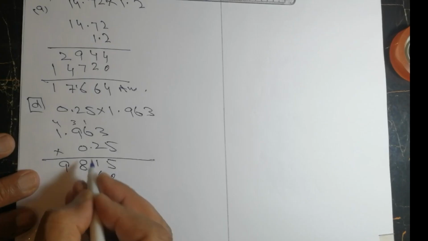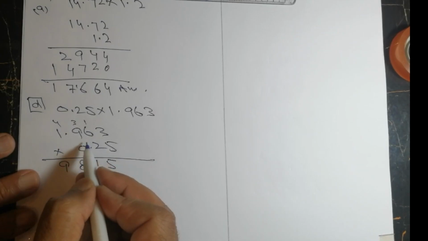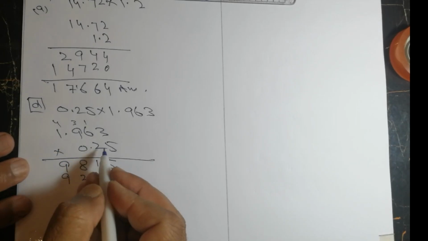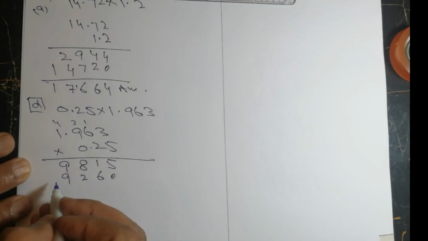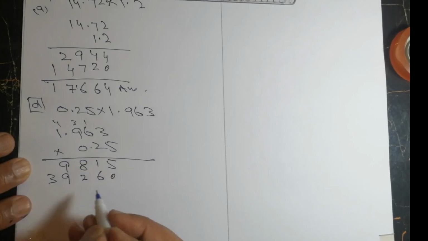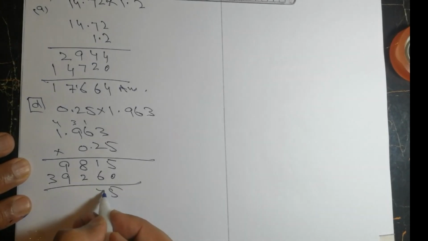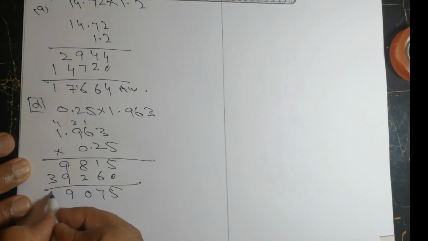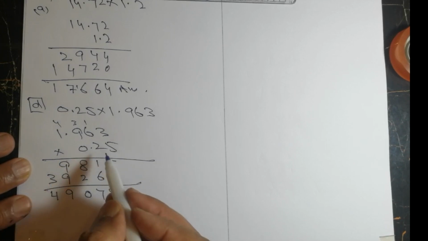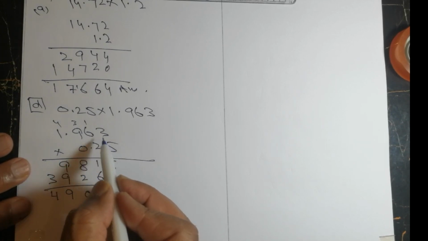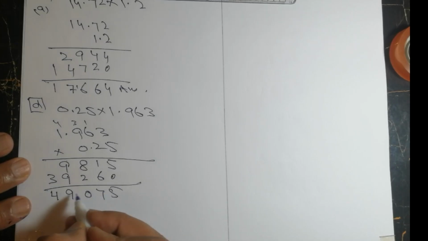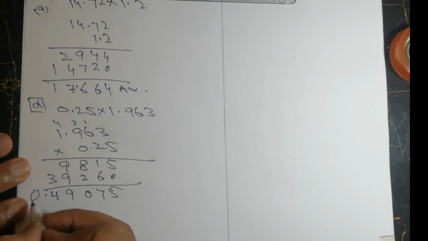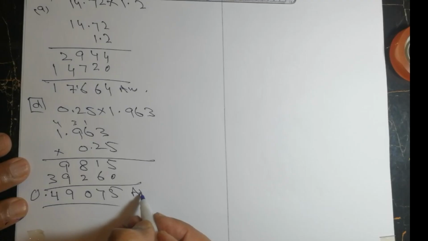Then 2 threes are 6, 2 sixes are 12, 2 nines are 18, and 1 is 19, and 2 ones are 2 or 1 is 3. 5, 7, 10, 9, 18, 19, and this is 3 plus 1 is 4. So where is the decimal place? 1 2 3 4 5, 1 2 3 4 5 here. So put the point here and then place 0 before it, 0 point this one. So this is the answer.